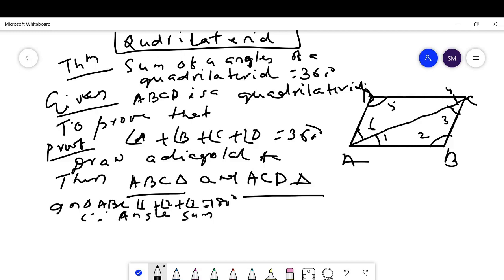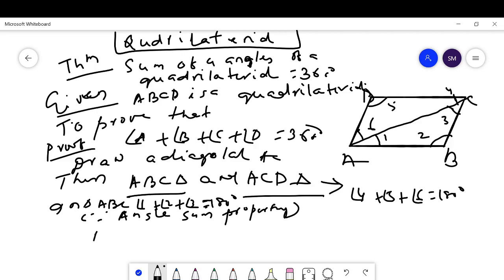In triangle ACD, angle 4 plus angle 5 plus angle 6 is equal to 180 degrees by the angle sum property.